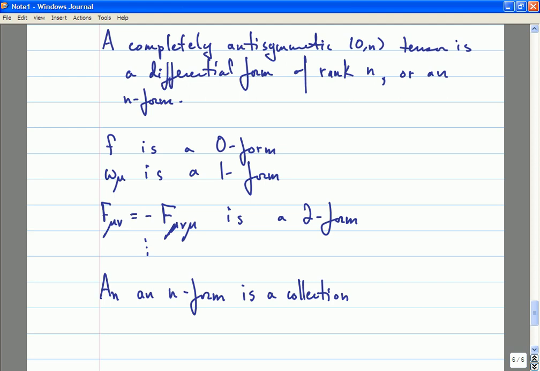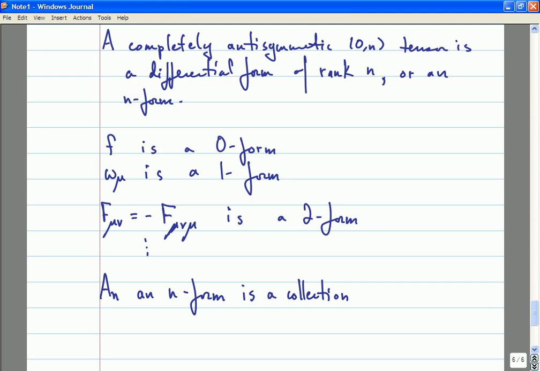Well, for a 0-form, we need to specify one function. For a 1-form, we need to specify d functions if we're in d dimensions. For a 2-form, it's the number of degrees of freedom of an antisymmetric matrix, which is d times (d minus 1) over 2, because there are d choices for the first index and d minus 1 for the second index, because the second index can't be equal to the first index, or else you would get 0.